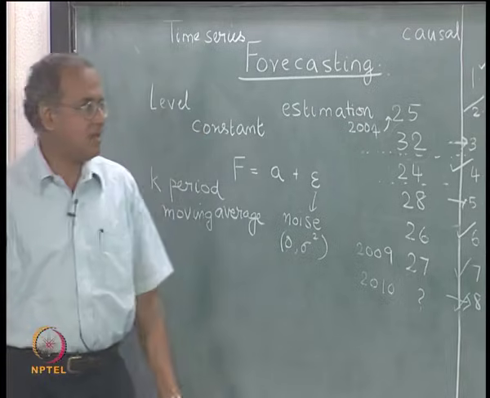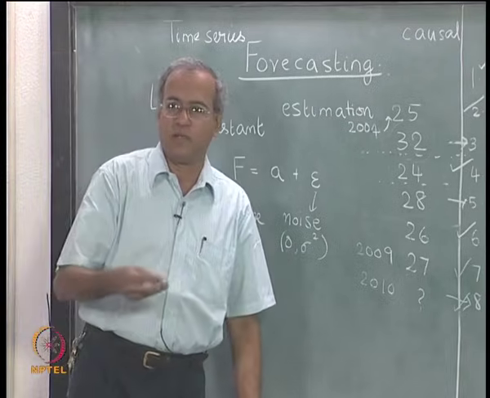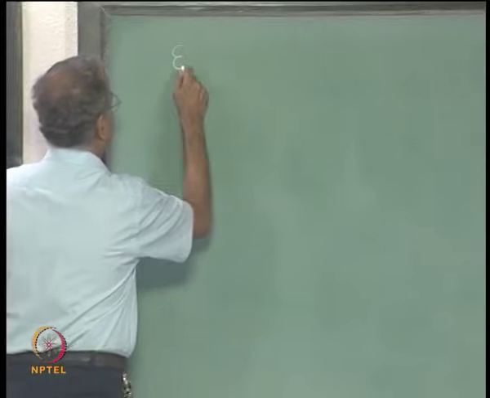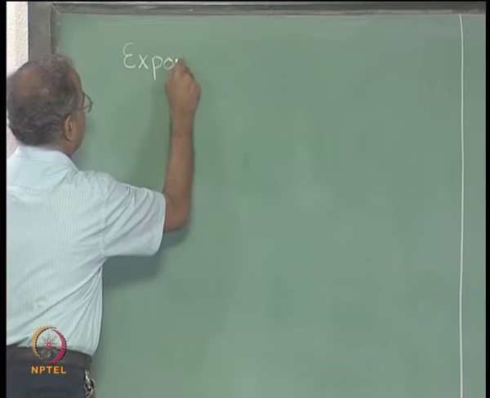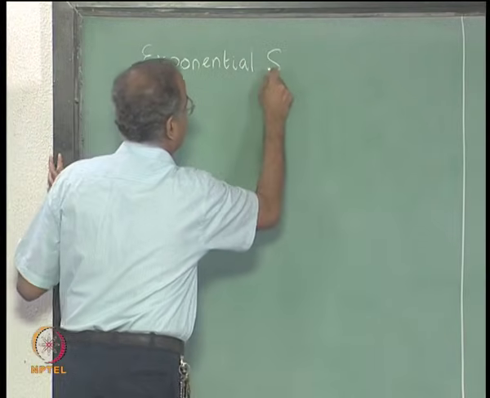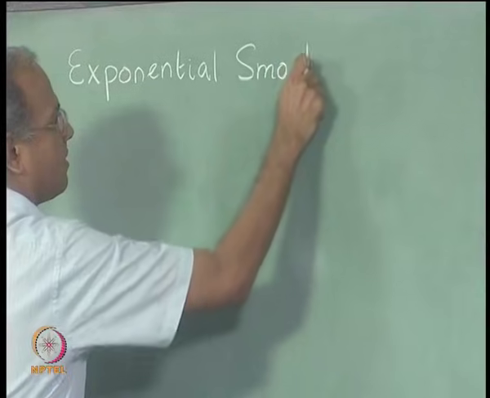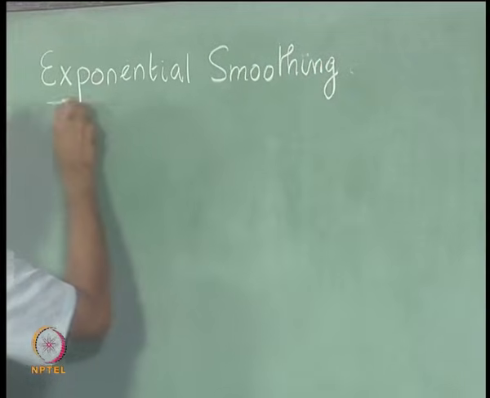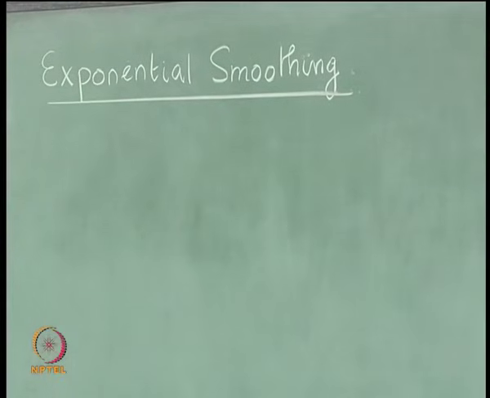Now, such a model is called the exponential smoothing model. So, let me write the exponential smoothing model here. It's called the exponential smoothing model.